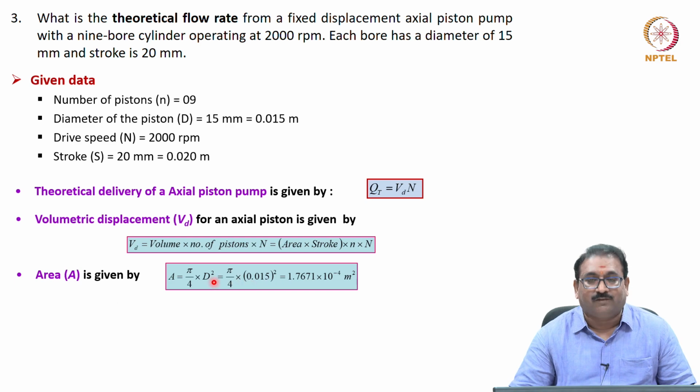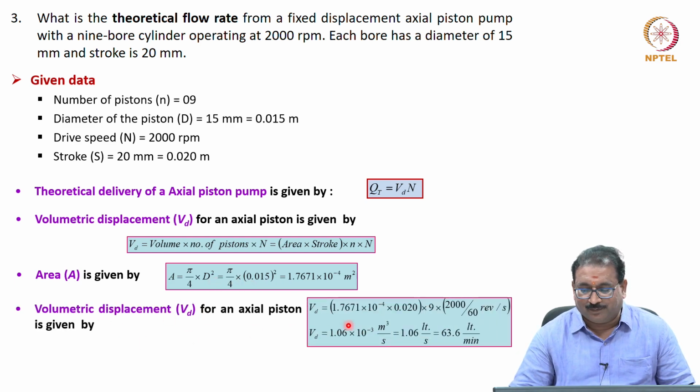So, area, then I am substituting all the values, I will get 1.06 liters per second, or you will get 63.6 liters per minute. You will see all are very simple, they will follow these simple equations. Using the geometry, you will ascertain what is your volumetric efficiency, all you have to calculate.